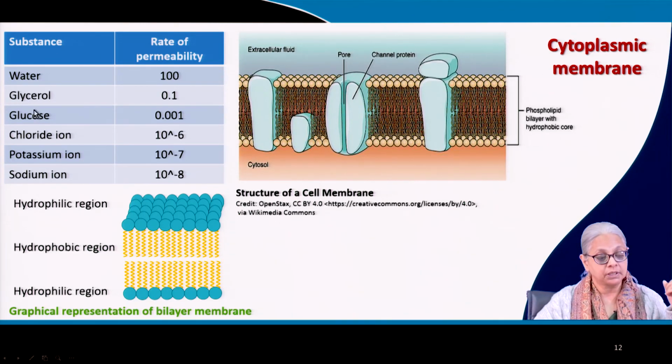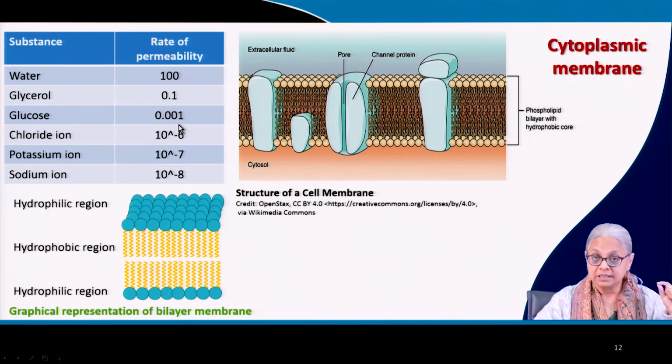Okay, so you look at all the other compounds. How well do they pass through the membrane in comparison to water? So water is given 100, just to give a relative scale. Glycerol is 0.1, which means 1000 times less permeability compared to water.